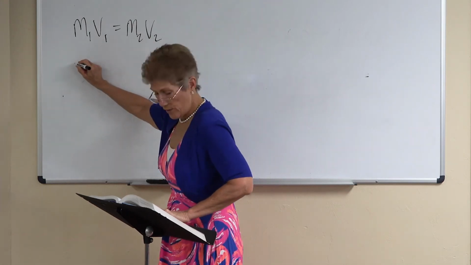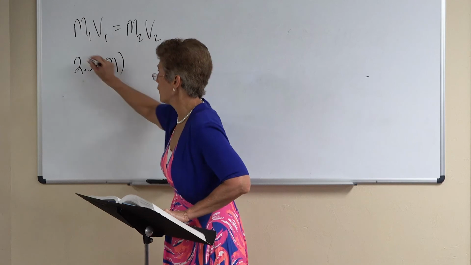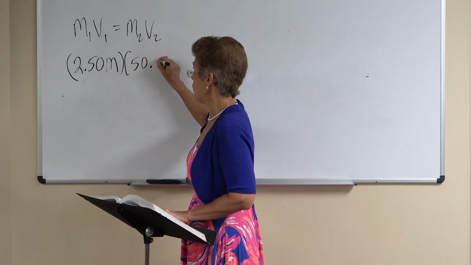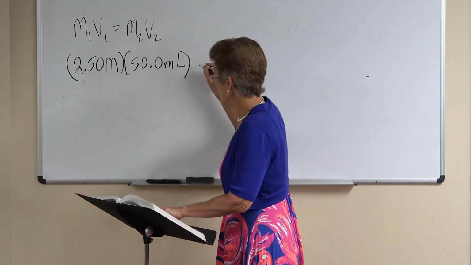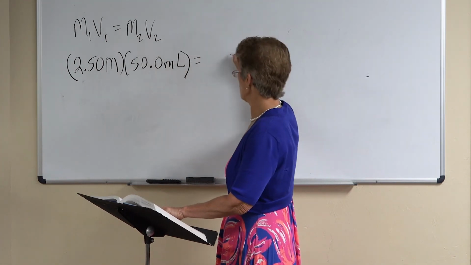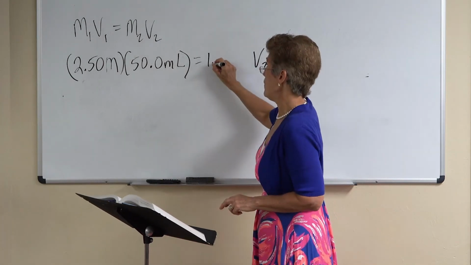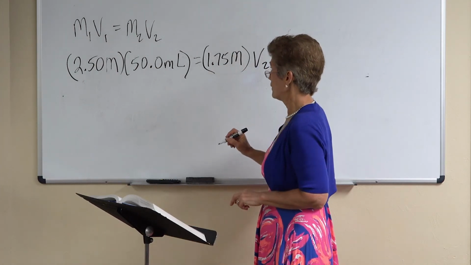So we have the original molarity as 2.5 molar, and we have the original volume as 50.0 mils. And we want to know what volume, so we're looking for V2, we can make of a 1.75 molar solution.